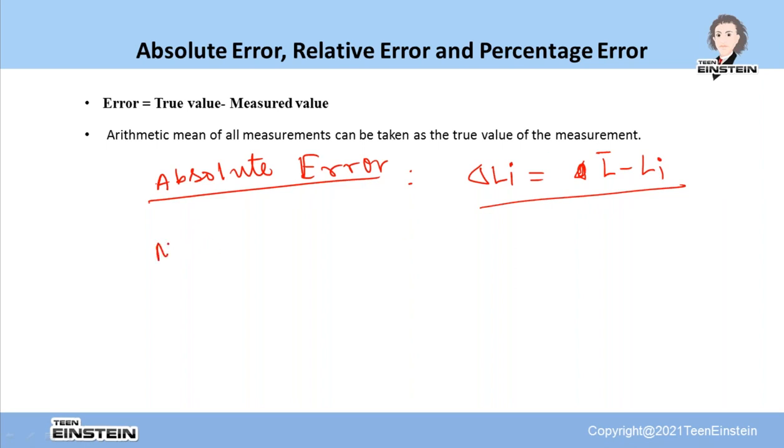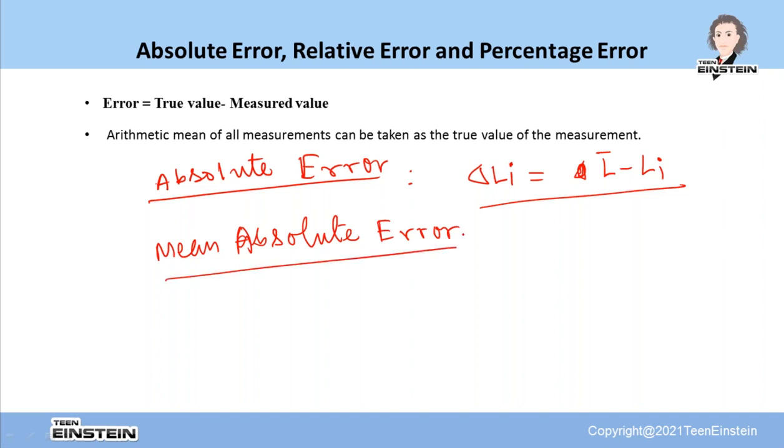If I take the mean, so mean absolute error also we have learned. This mean absolute error is called final absolute error also. Mean absolute error or final absolute error.